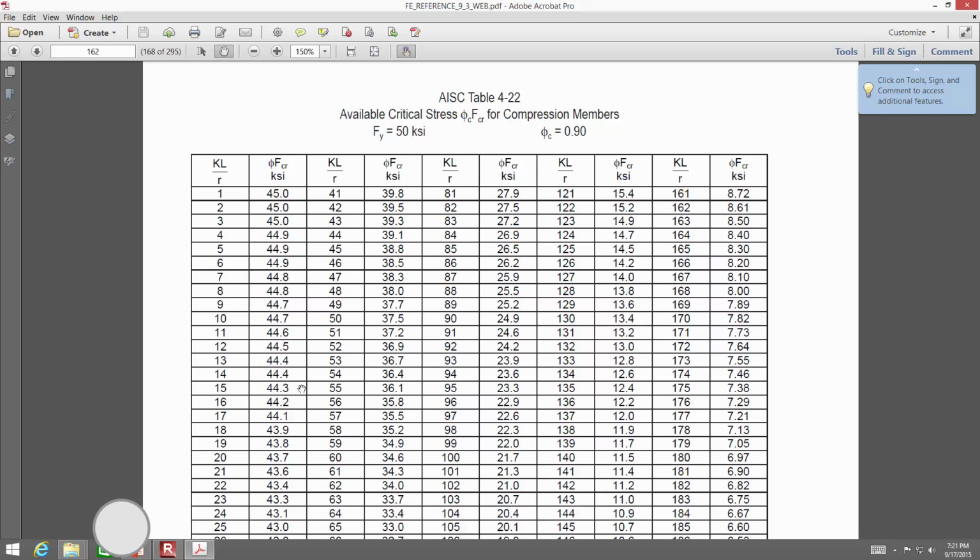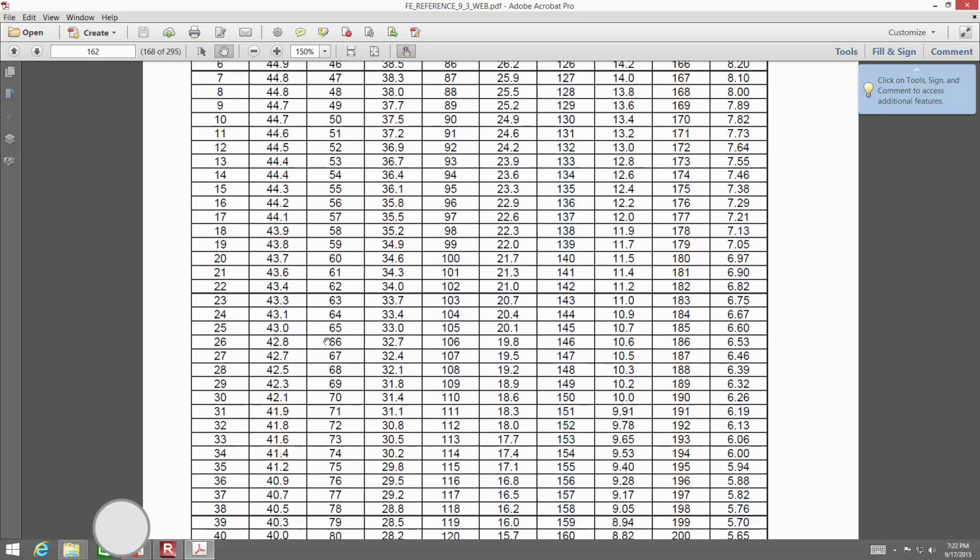Take the factored stress, multiply it by the area, and there's your column capacity. The reason why I mention this: if you get a problem that says how strong is this column, don't use the equations, use this. It's a whole lot quicker, okay? I mean, it is a timed test, so any edge that you can have on time, take it. So we might see if we can use this tonight depending on our examples, but we'll see.